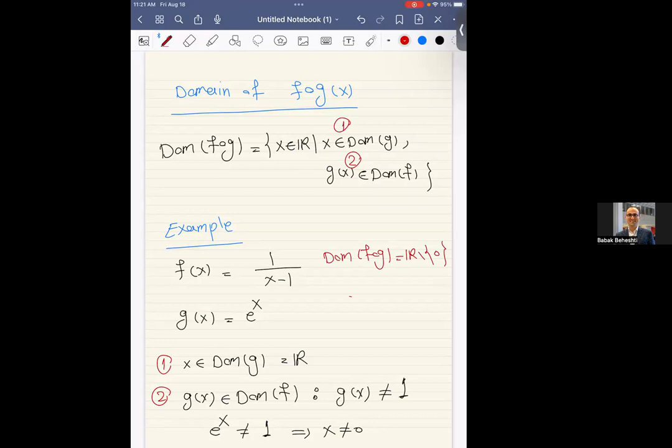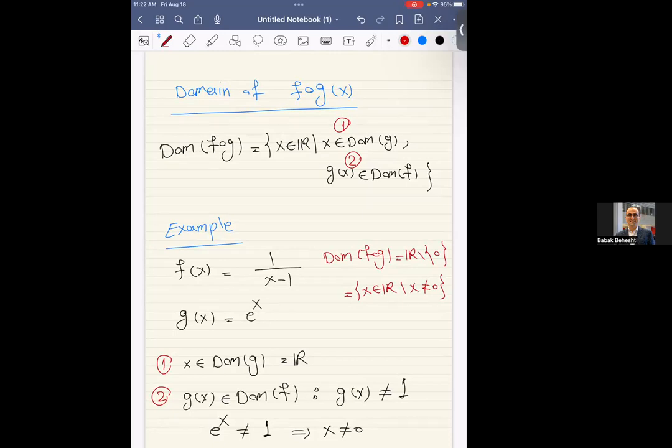Or you can say all real numbers such that x is not 0. This is equivalent. That's the domain of F. So G of X must satisfy the restriction for F. So G of X cannot be 1, not X, okay?